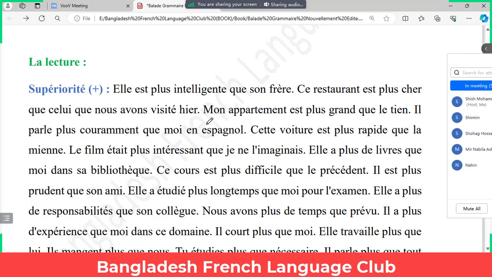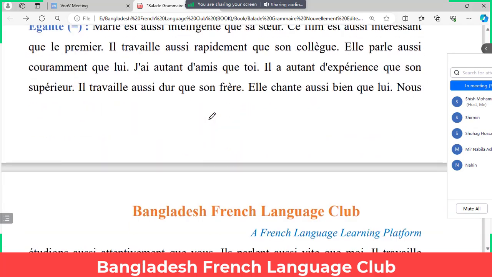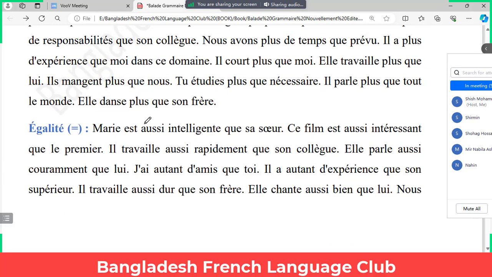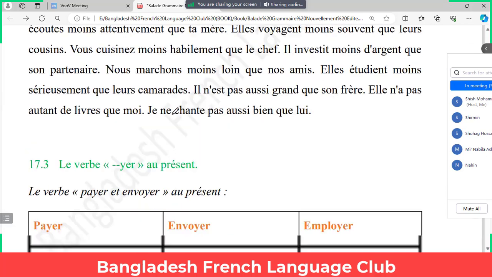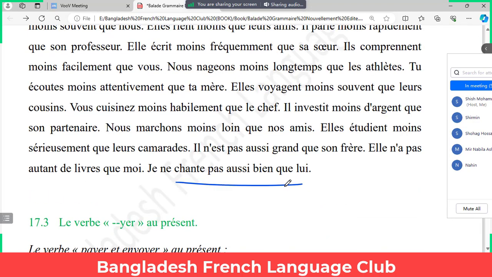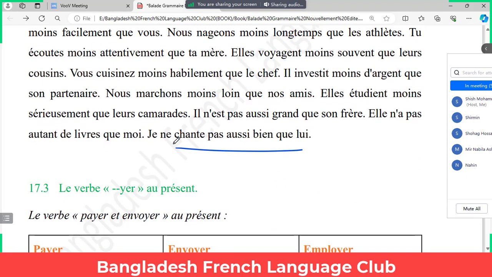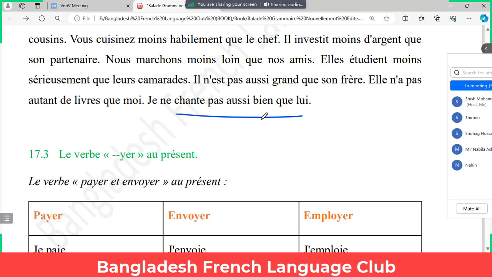So is it the same thing as lui? Can you just see the last line of this text so you can understand what I was talking about? Yes, lui.